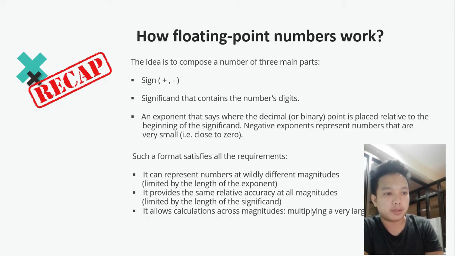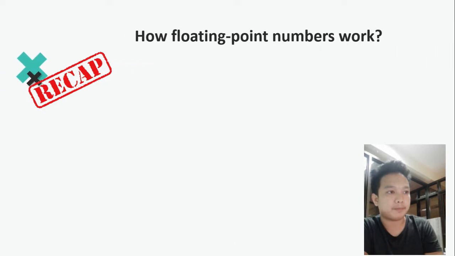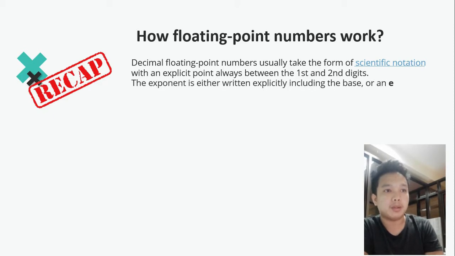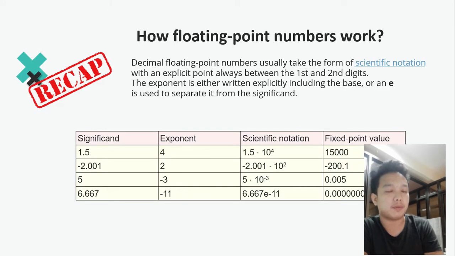It allows calculations across magnitudes: multiplying a very large and a very small number preserves the accuracy of both in the result. Decimal floating point numbers usually take the form of scientific notation, with an explicit point always between the first and second digits. The exponent is either written explicitly, including the base, or an e is used to separate it from the significand.